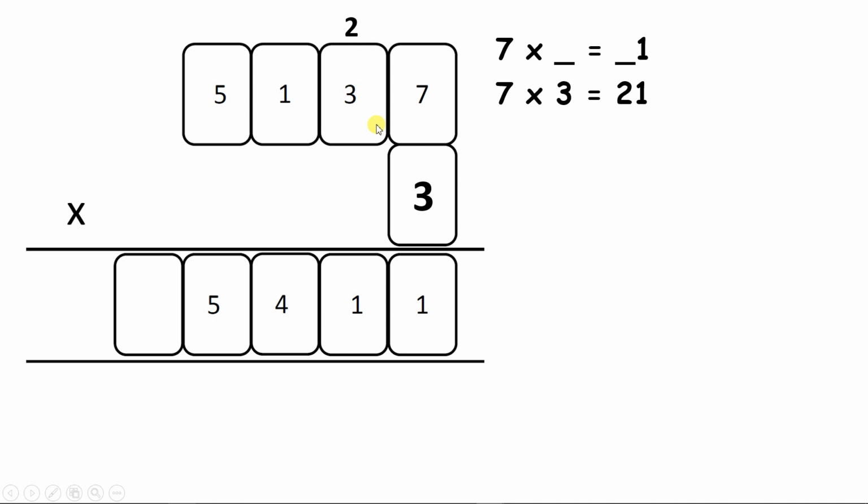Now we can work through the multiplication steps. 3 times 3 is 9, plus 2 is 11, so we carry 1 and have 1 in our answer box. 1 times 3 is 3, add 1 is 4, and 5 times 3 is 15, and because we already have the 5 from 15, we just need to write the 1 in our answer box.